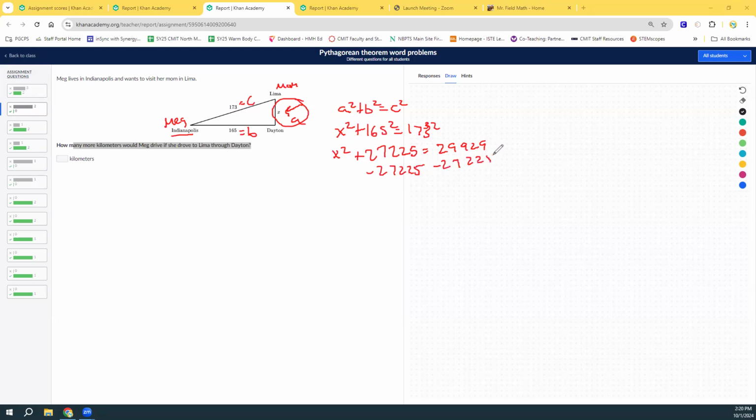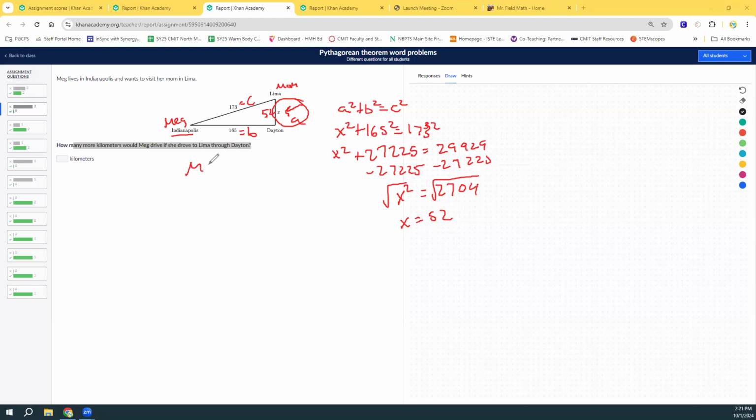What is 29,929 minus 27,225? 2,704. What is the square root of 2,704? 52. All right, me and Siri can conquer the world. So that is 52.